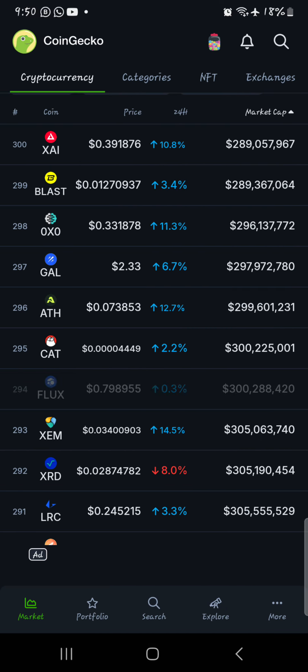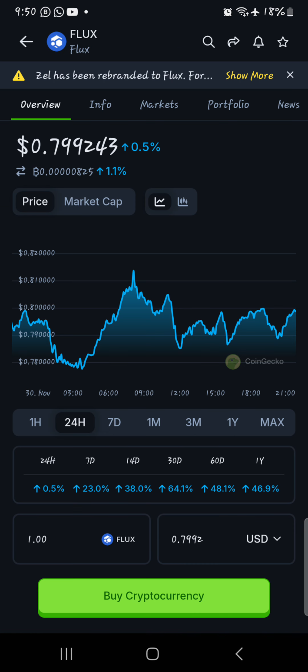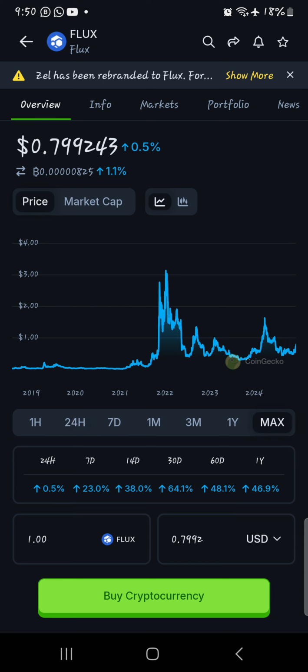But what I wanted to show, since I've already opened it, I think I know Flux. I wanted to see them. I always do this math thing because it gives me a whole lot of perspective.